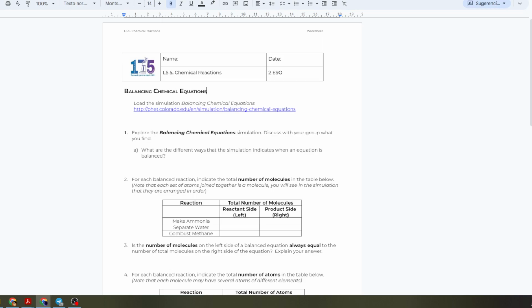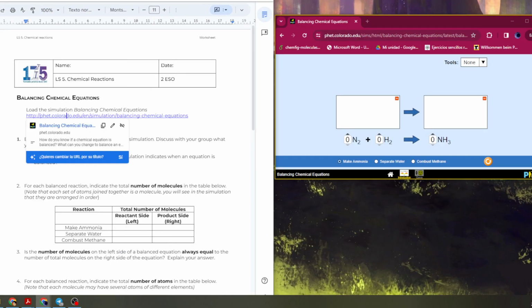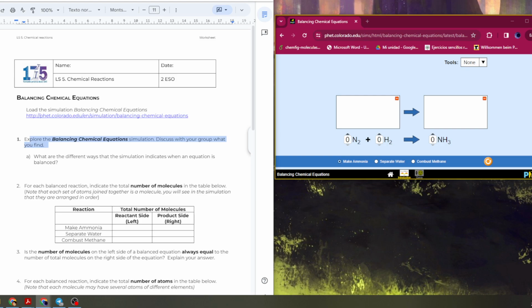So the first thing is to click this. I already have this link here. First we explore this. If we click here, we get one molecule of nitrogen. One molecule of nitrogen is composed of two nitrogens. That's why we write N2, and here we see two little blue balls.